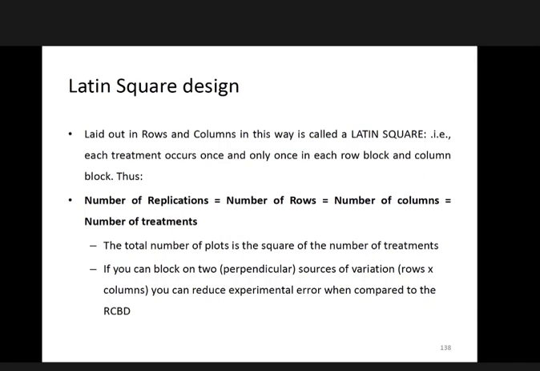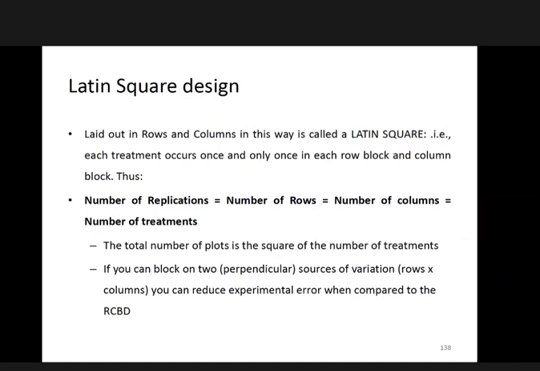That means if you're using test tubes in the lab, for example, then you need 100 test tubes. So the total number of experimental units is the square of the number of treatments. If I have 5 treatments, the number of experimental units that I require will be 25. If I have 10, the number will be 100, and so on and so forth.